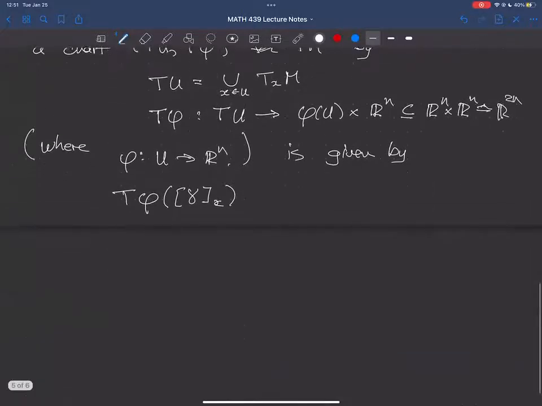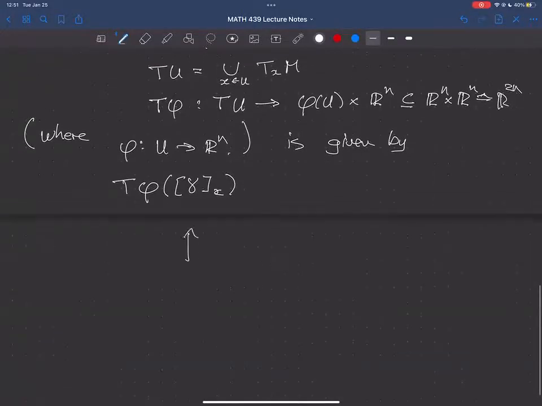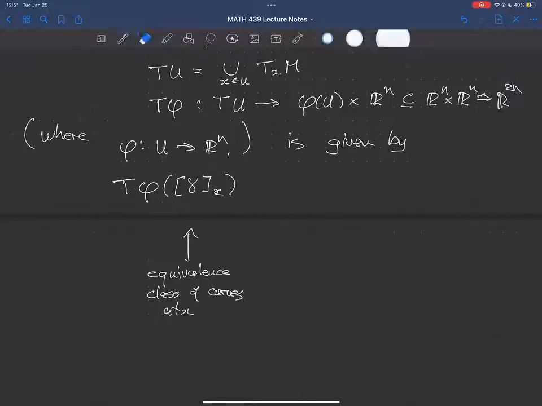Okay, and so to be clear, this is an equivalence class of curves at x in U.